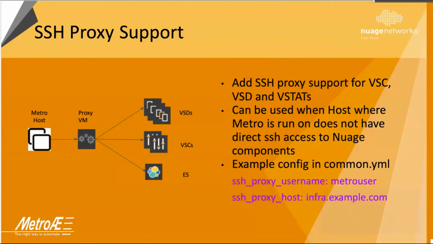Under the covers, Metro is primarily written in Ansible. Ansible uses SSH to communicate with the hosts that it's operating on, and so we need SSH connectivity. In this case, we've had customers who said, hey, I just can't get there. And so we've added support for the existence of an SSH proxy. So we can now operate normally through the SSH proxy.